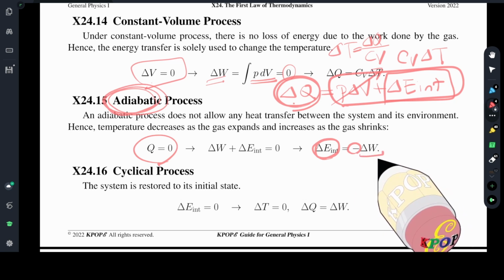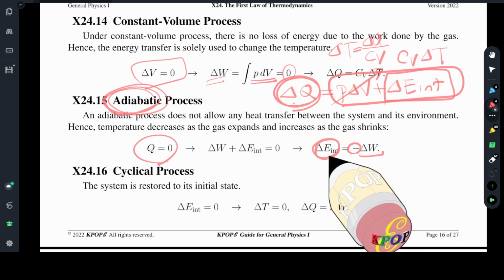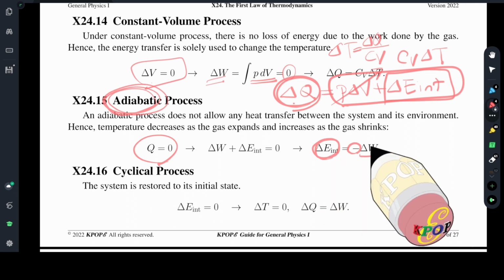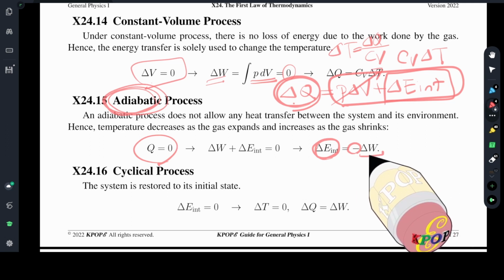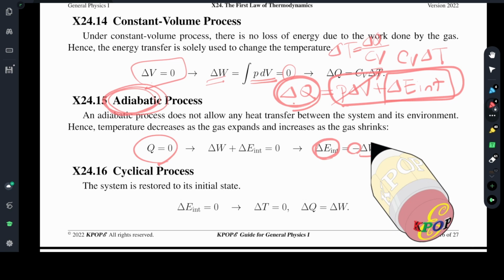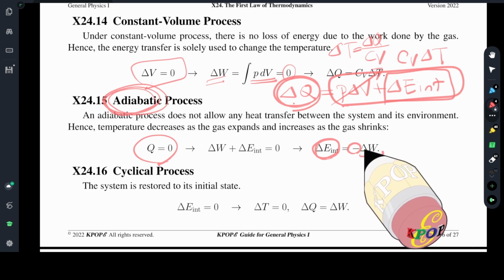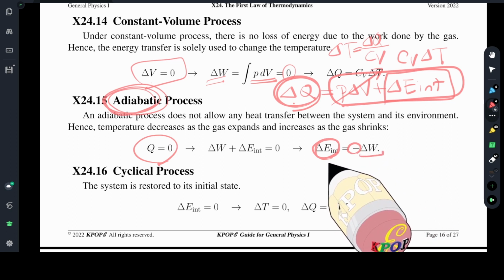If the gas does work, by that amount internal energy decreases. If the volume of the gas shrinks, then the work done by the gas is negative, and therefore internal energy increases.